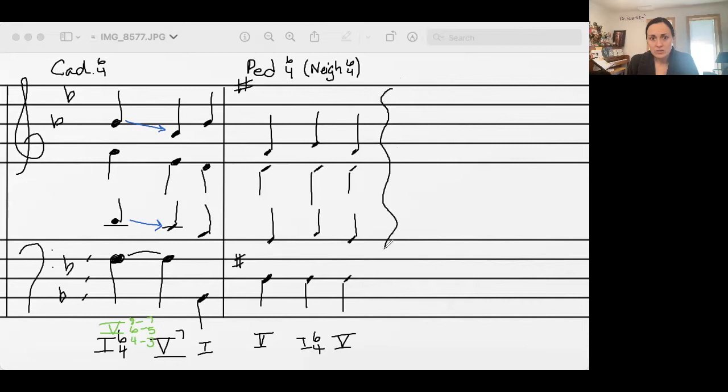Let's just try for a minute so you can see the difference going from a 1 to a 4 6/4. Running out of room. There we go. Going to a 1. Okay. So when we have a 1 chord, let's just stick to G major for the sake of simplicity.